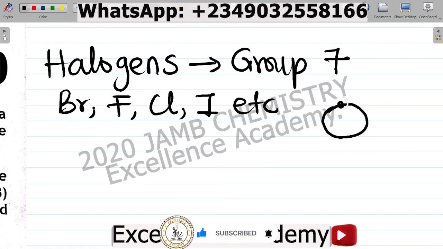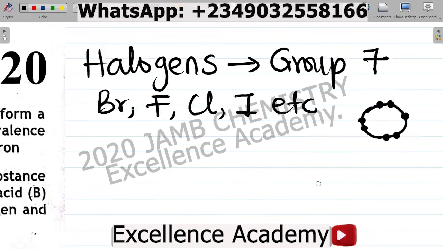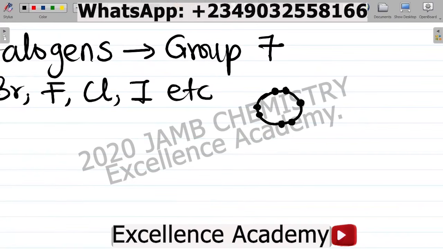If I add an extra electron to X, in total, how many valence electrons do you have? 1, 2, 3, 4, 5, 6, 7, 8.